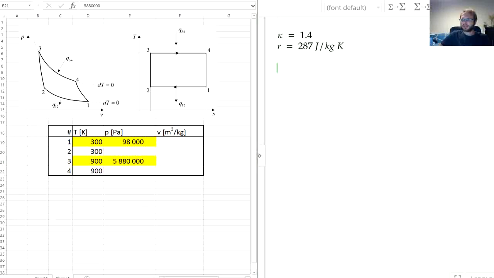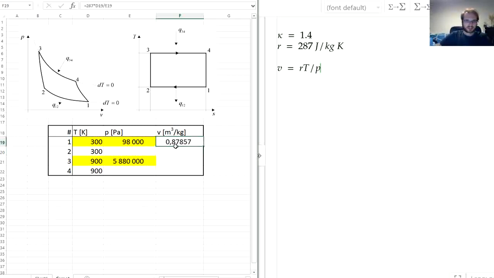Now what can we do with this? First we can go to the volume at point 1, which we can get from the ideal gas equation, where the volume equals RT over P. So the volume will be 287 times temperature divided by pressure.